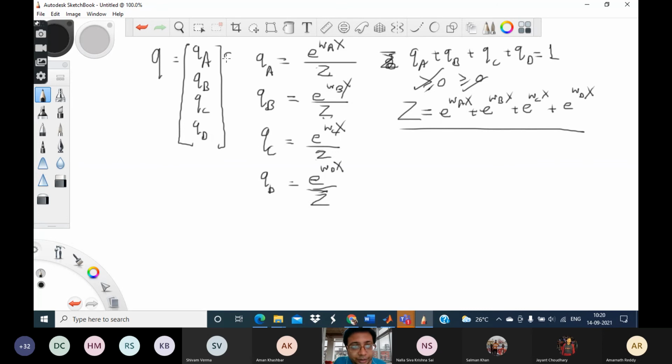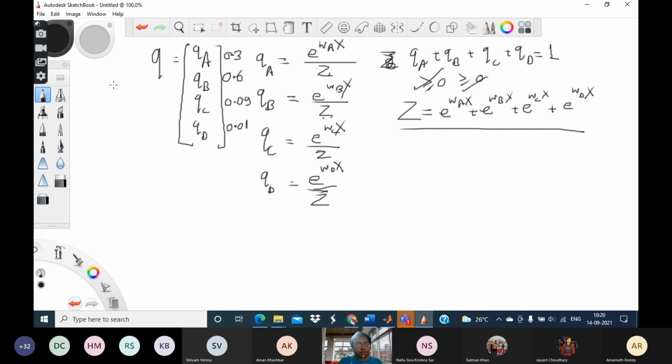Let us say that in a particular case the numerical values come out to be somewhat like this. Suppose this happens.